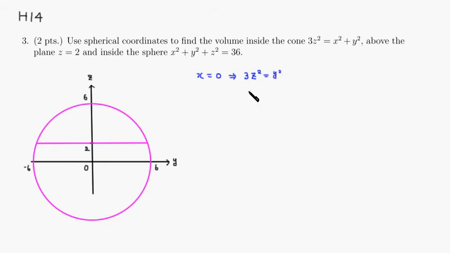Solving for z, divide through by 3, and you have z squared equals y squared over 3. Then take the square root of both sides. So z is plus or minus 1 over square root of 3 times y. The slope is 1 over square root of 3, so it's 30 degrees.